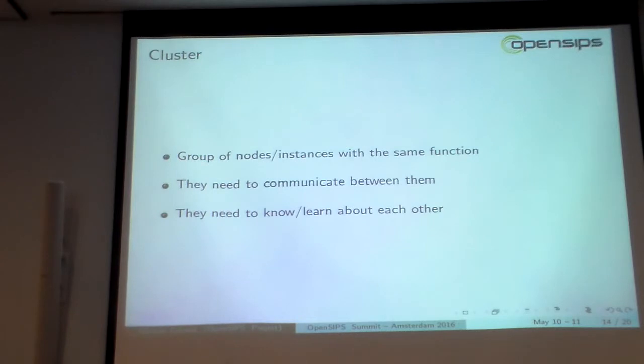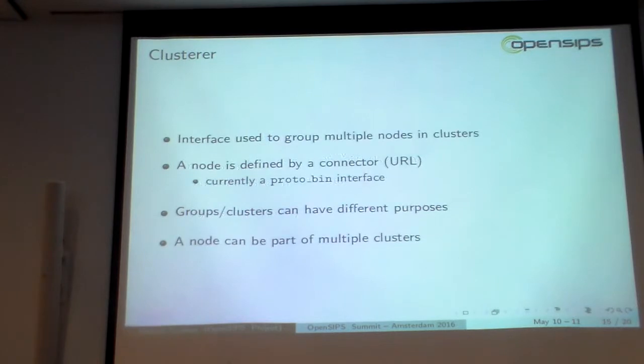Provisioning this in configuration files would be easier if you could use, for example, a shared file system and you only modify one file, but it's even easier if you're doing it in a database. So we put together the clusterer module, which is basically an interface used to group multiple nodes in clusters.